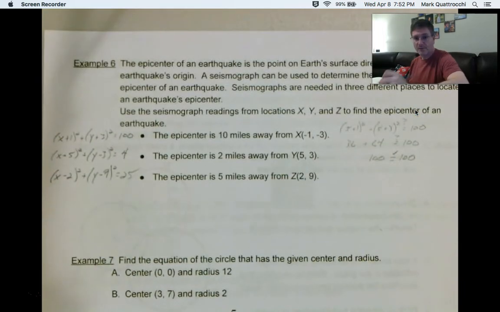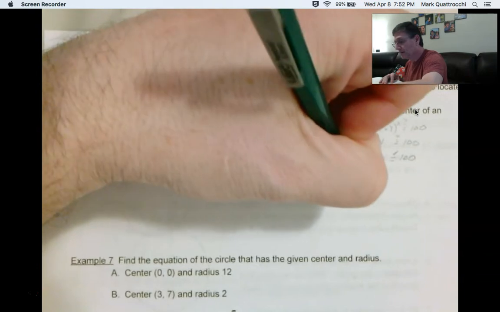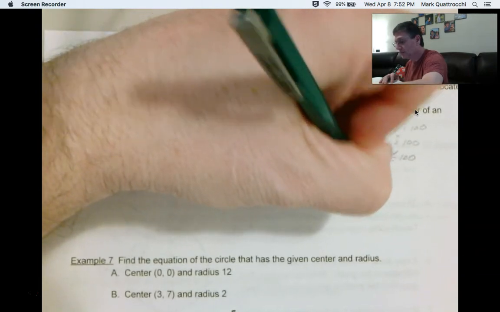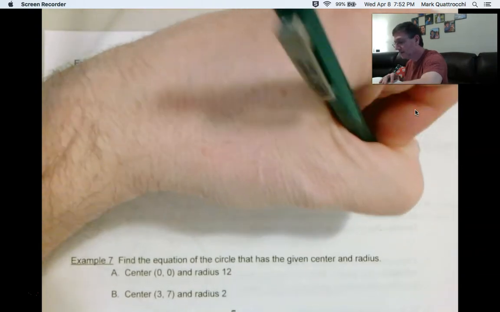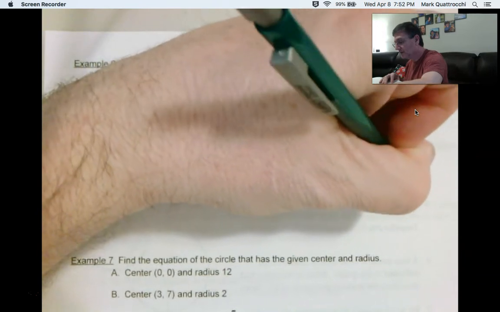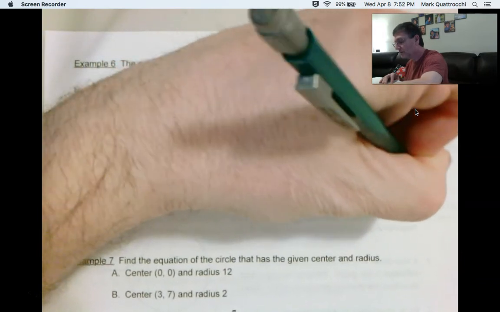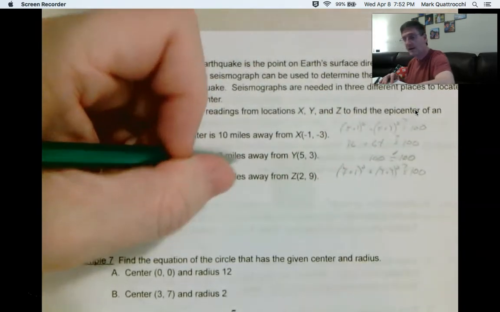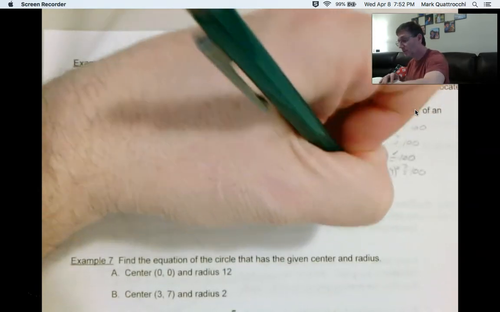So 5, 5 is on both of these circles. What about 7, 3? Let's try it. (7 + 1)² + (3 + 3)² equals, question mark, 100. 8 squared, 64 again.